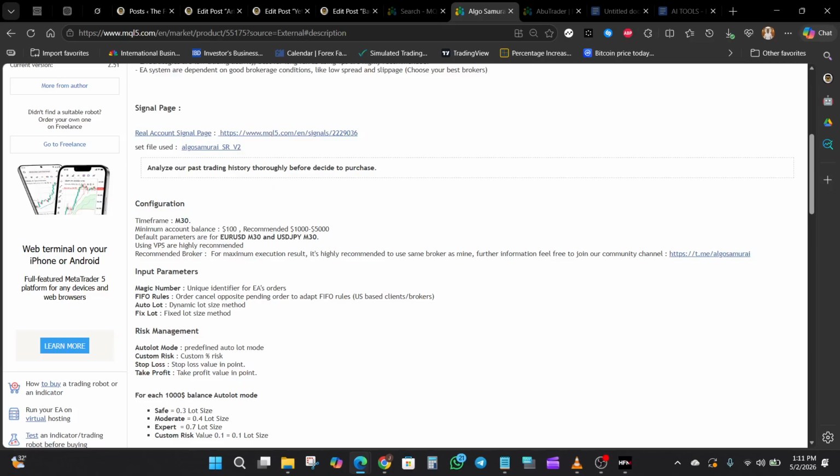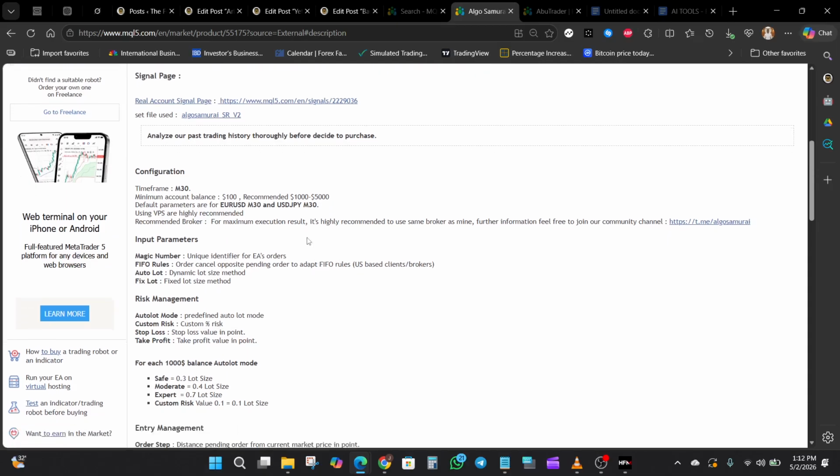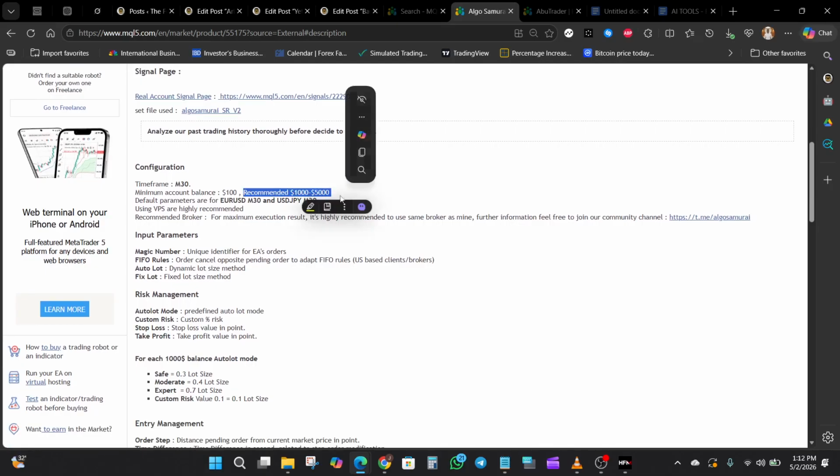That's an important detail. This isn't a scalper or a high frequency system. It's more of a selective trading strategy that waits for specific conditions before entering the market. The recommended balance starts from around 100 US dollars, but realistically, based on the way the lot sizing works, a more comfortable range would be between 1,000 to 5,000 US dollars.